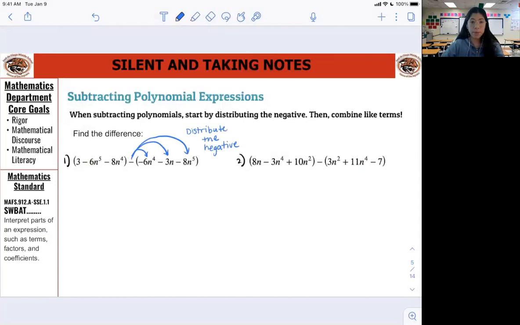Right, they would flip the sign. So anything that is negative is now going to turn into a positive. Because remember, what happens when you have 2 negatives put together?